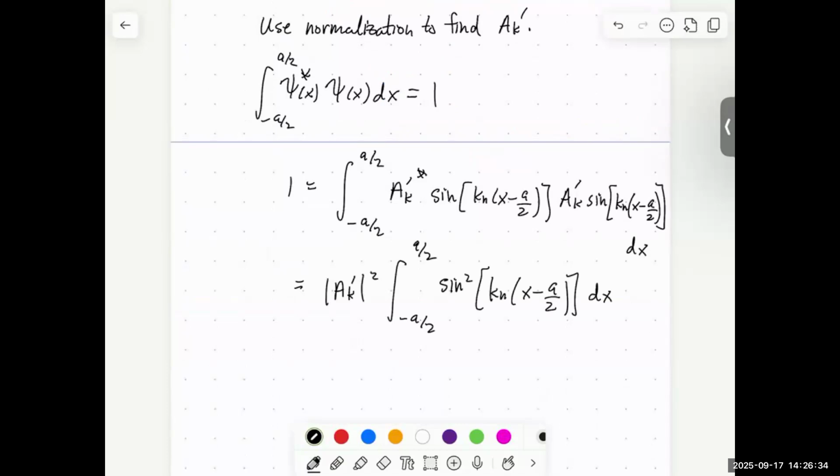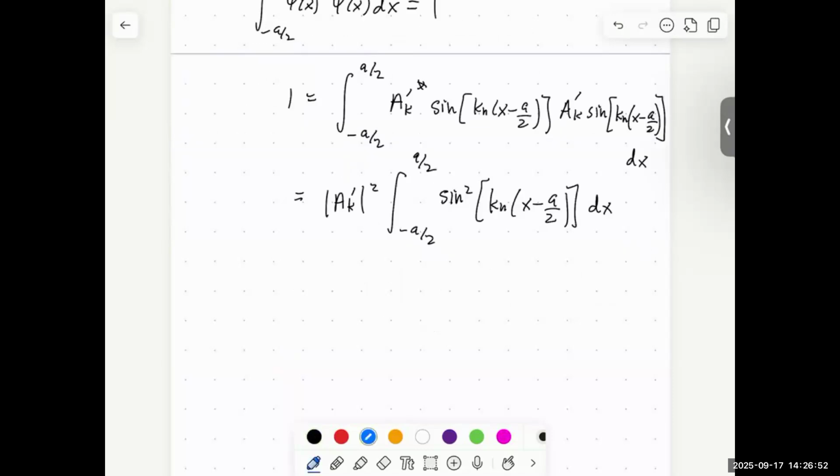For me, the easiest way to do this is to change the sine squared using a trig identity. The trig identity I want to use is that sine squared x is 1/2 of (1 minus cos 2x). So this is the same thing as 1/2 of (1 minus cos 2k_n (x minus a/2)).